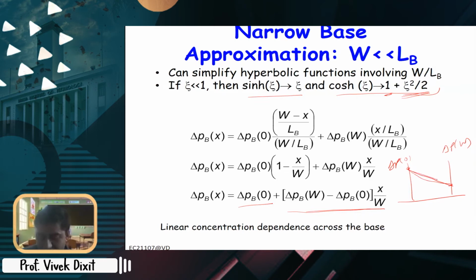But this analysis is useful for charge control because the total charge is the area, so for slight curvature this charge will not change, right? So from the charge you can get the base current, and this will give that IEP will be almost the same as ICP.